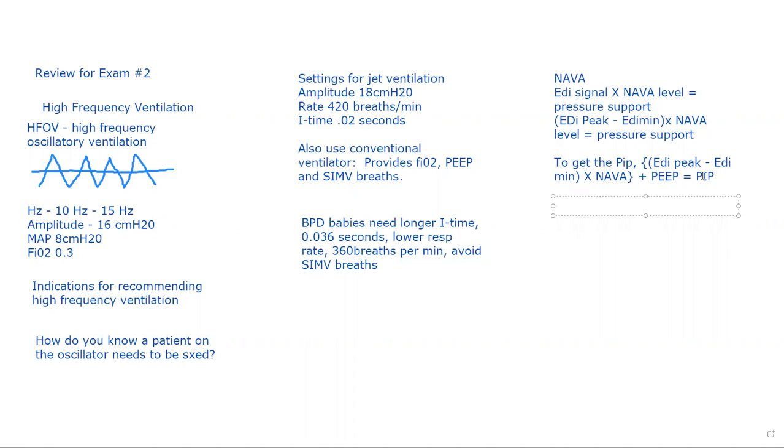And what else do I need to tell you? We talked about really high pressures. You'll see neonates on NAVA and you'll see a peak pressure of like 90 centimeters of water.